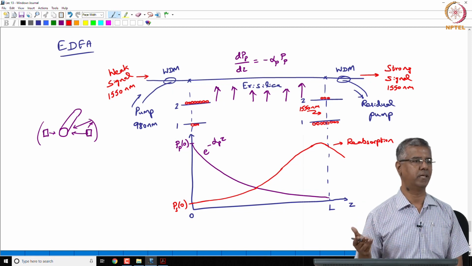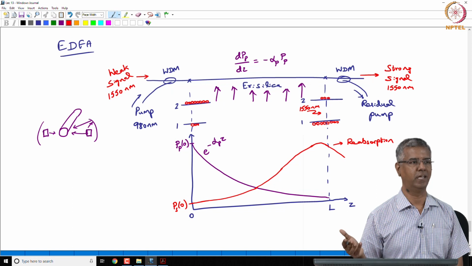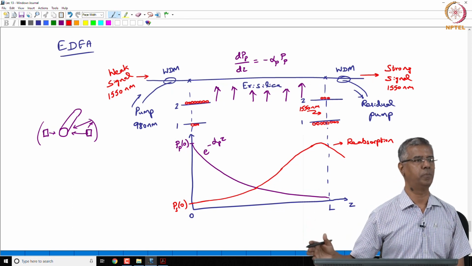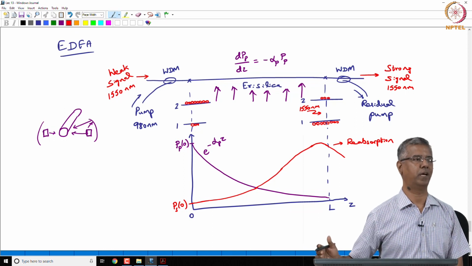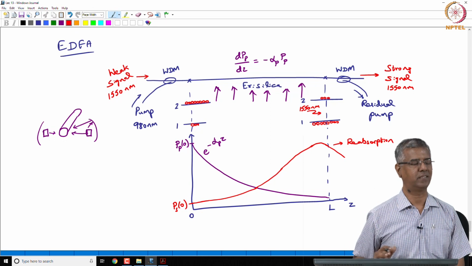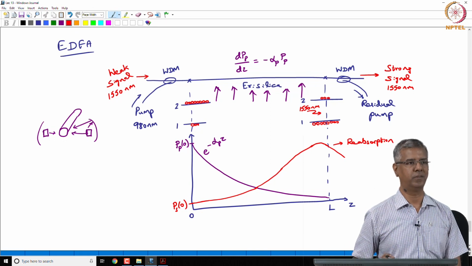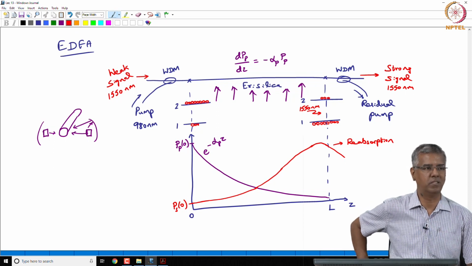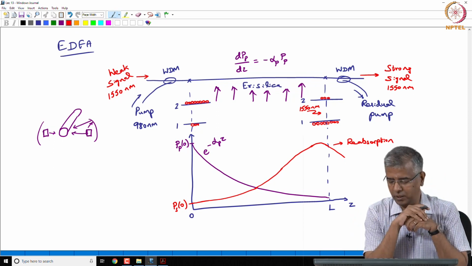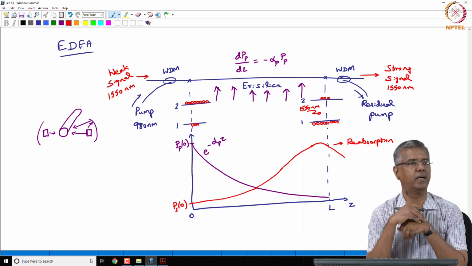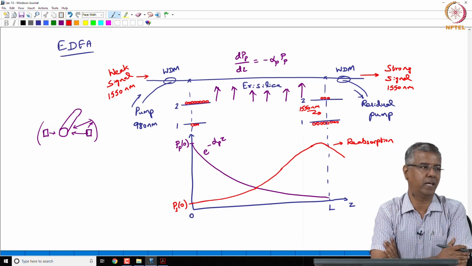So you typically consider the maximum pump power that is available to you, and for that pump power you see how much is going to be your inversion at the farther end of the fiber, and then you say, okay, I'll cut off the fiber at that particular length, so you don't have so much reabsorption effects.